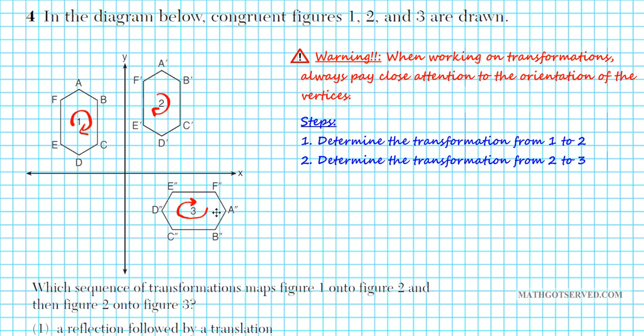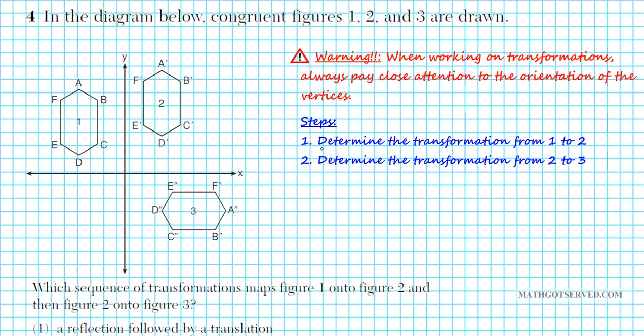All right, sometimes there might be some transformations that result in the reversal of orientations. If you are not paying attention to the orientation of the vertices, you might omit or skip that detail and get the transformation incorrect. Okay, so please always keep track of the orientation of objects when you're carrying out transformations.